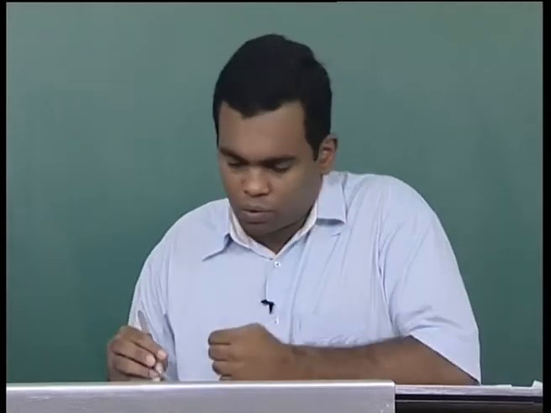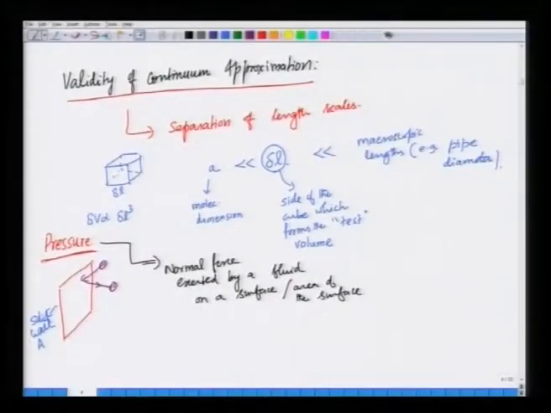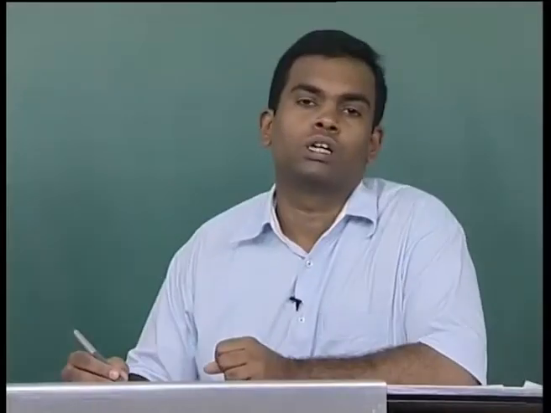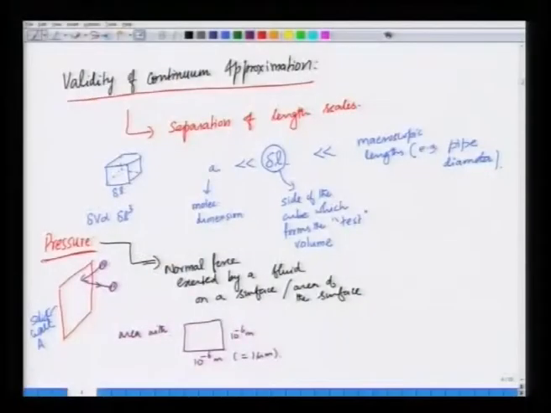Okay. Now, the continuum approximation works because even if you consider an area made of a square with side 10 to the minus 6 meter, that is 1 micrometer, it is very small. Even if you were to consider a tiny area, so suppose you were to use a pressure transducer or a pressure sensor, it will have a tiny area associated with it.